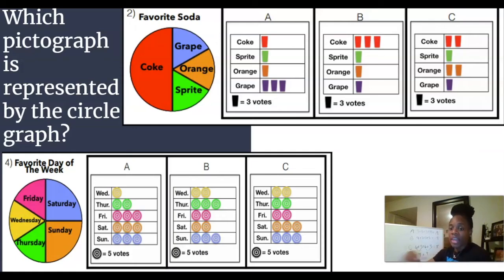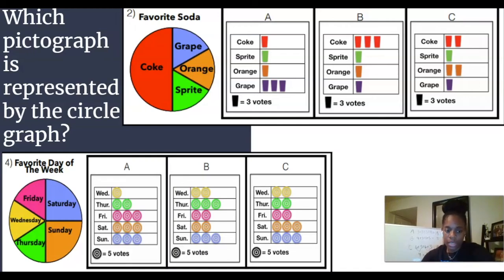The only one that shows that Coca-Cola has half of the votes is answer choice B. Answer choice A says that Coca-Cola only has 3 votes, and answer choice C says that Coca-Cola only has 6 votes. And we need a total of 9 to make half of 18. So our answer for this one is going to be B.